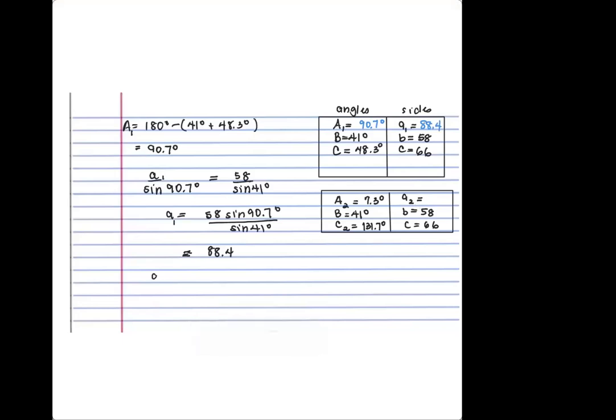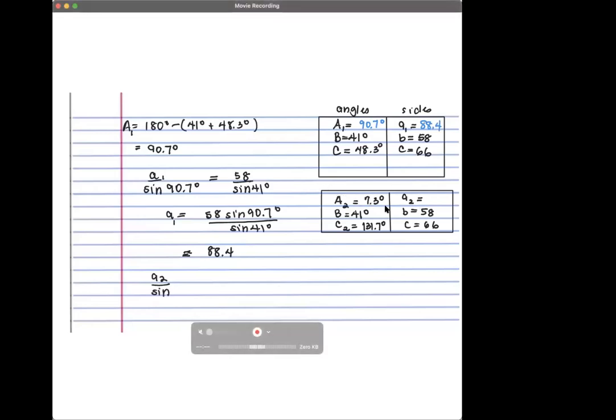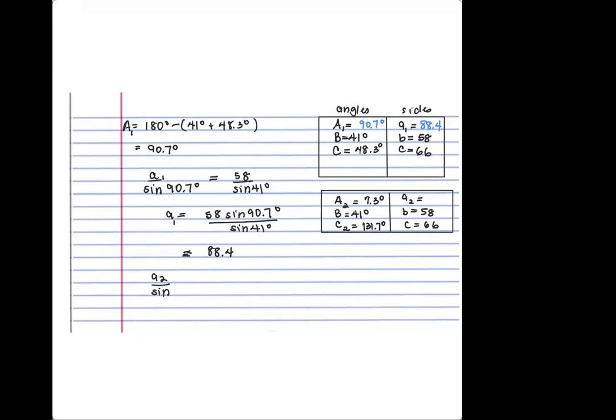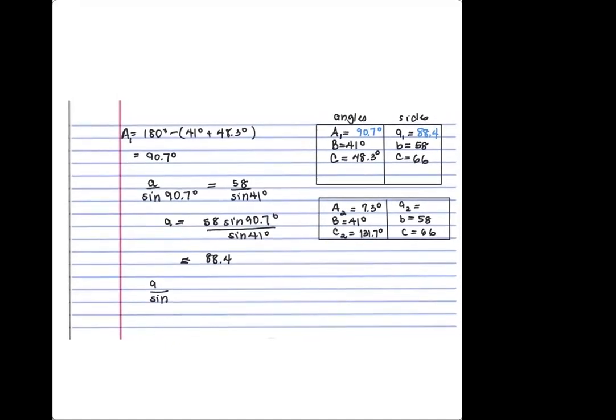We'll take A2 over the sine of the smaller angle A, 7.3. I'm just going to write it as A. So A over sine of 7.3 is equal to 58 over the sine of 41.